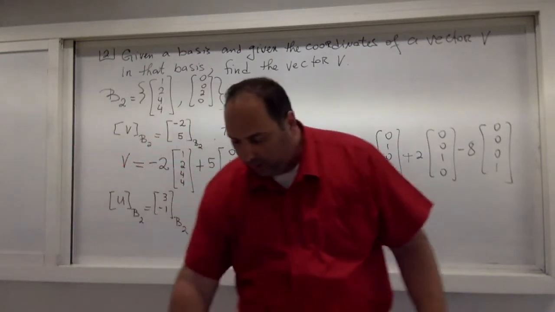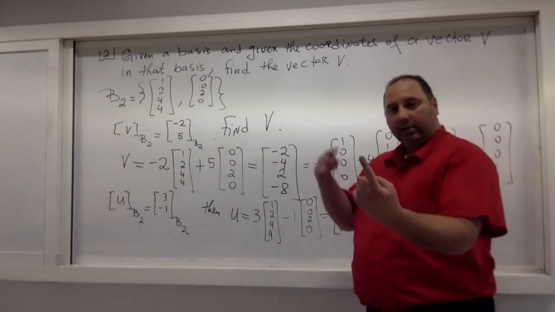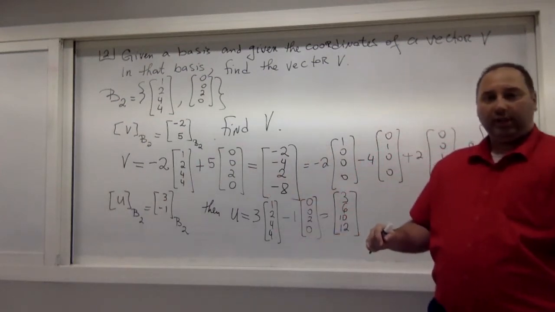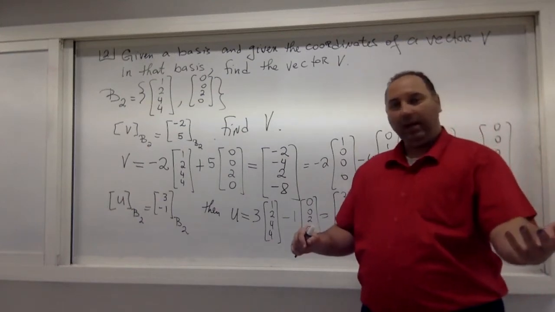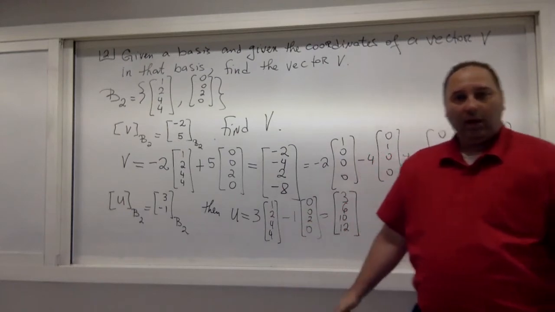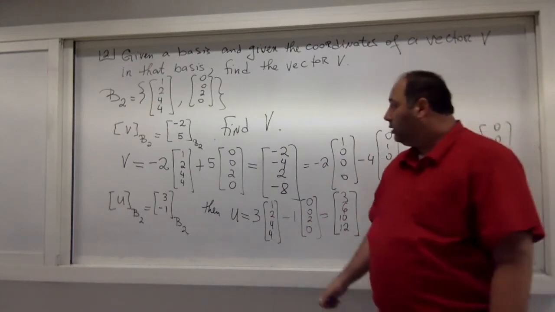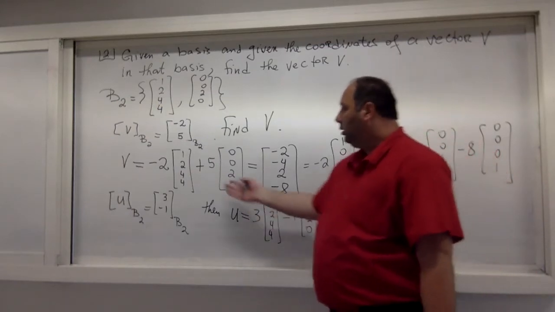Now, what would be fun is to go from one basis to another basis. What I mean by that is, I give you coordinates of a vector in basis B1, and I ask you, hey, what are the coordinates of the same vector in basis B2? And then you scratch your head, and you don't know. Well, one way of doing it would be this.